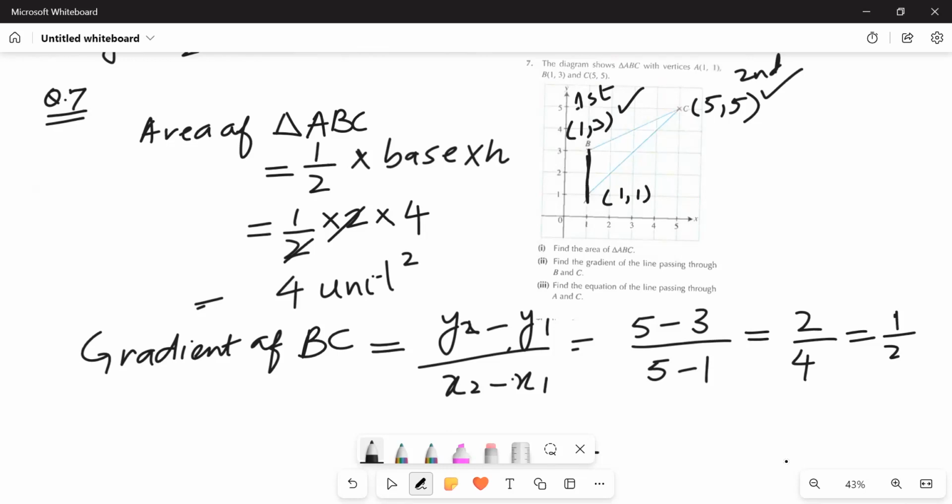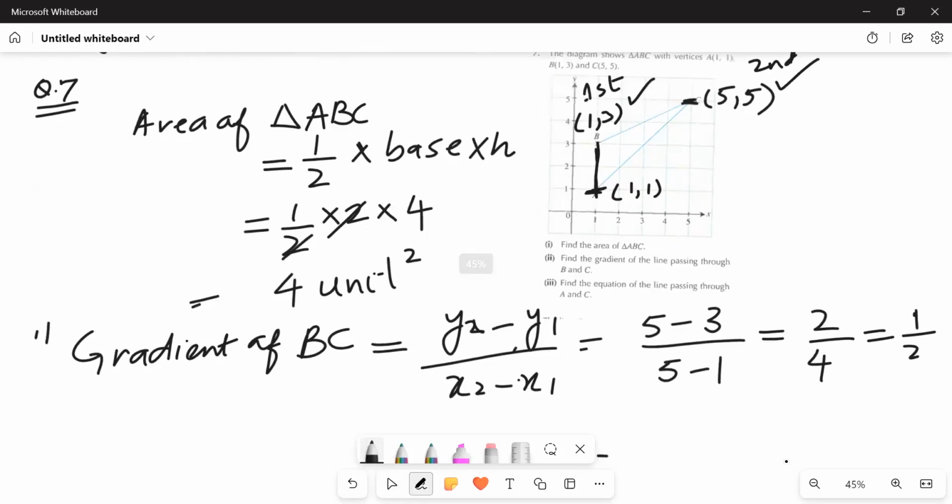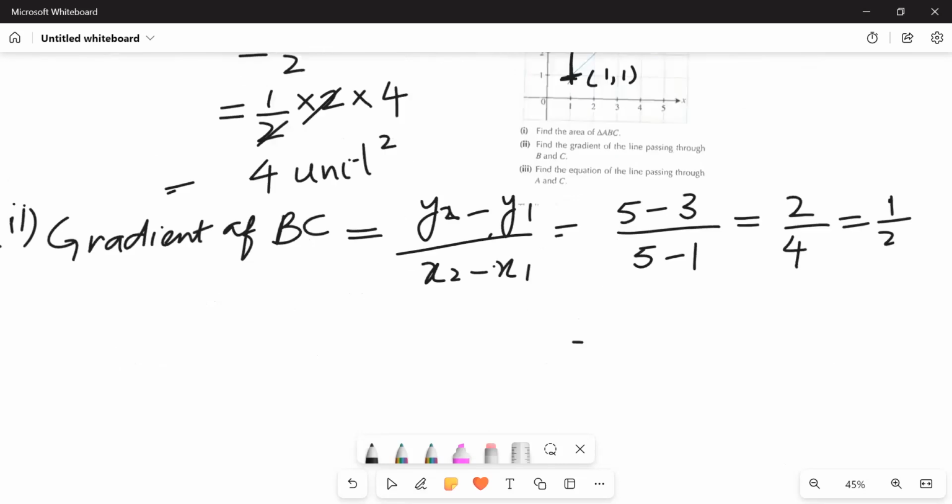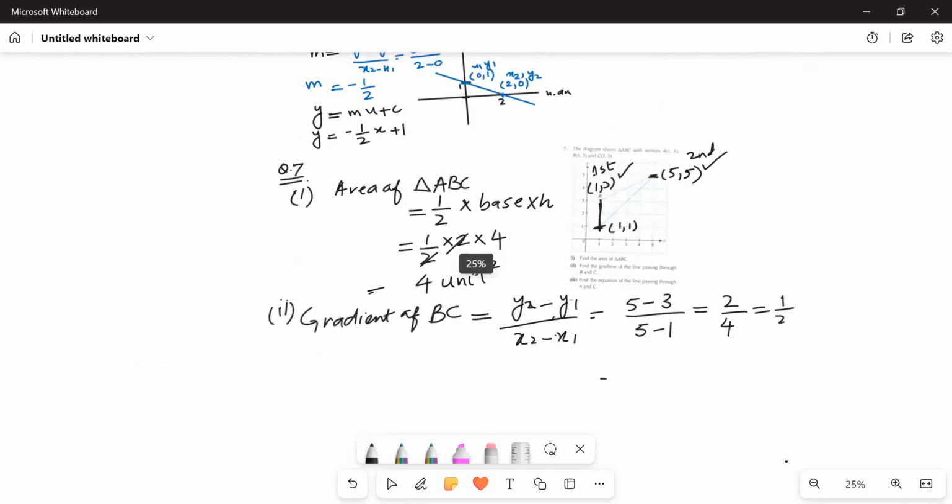Now, the third part is find the equation of the line passing through A and C. First find the slope of these two points A and C. This is the second part we solved, this is the first part we solved, and here is the third part.